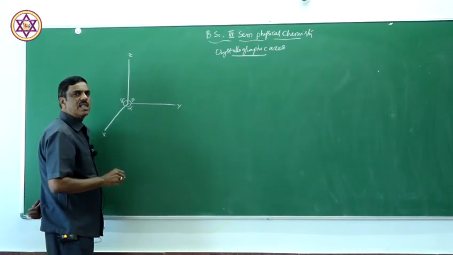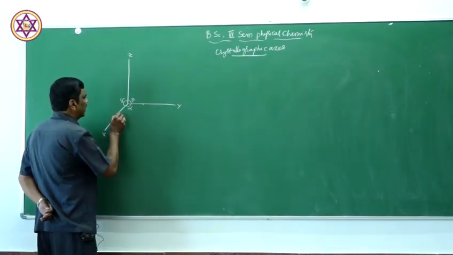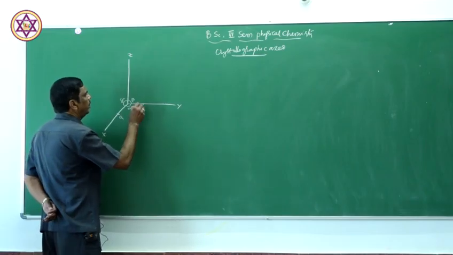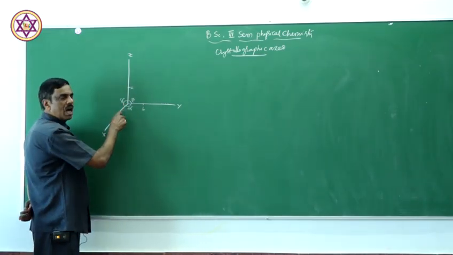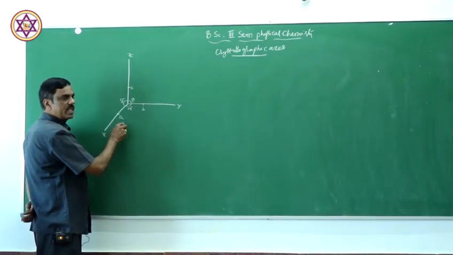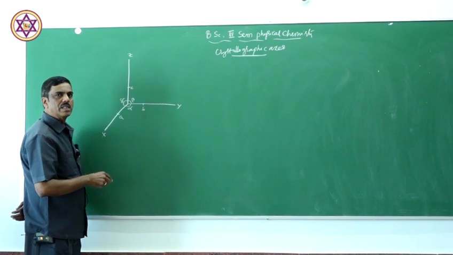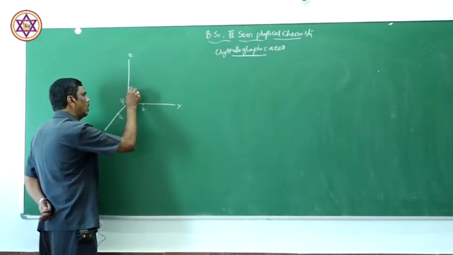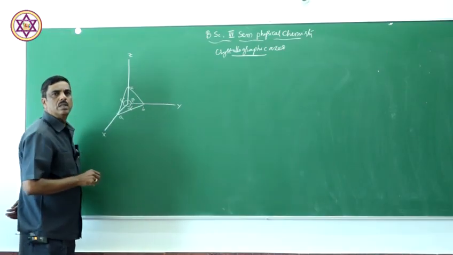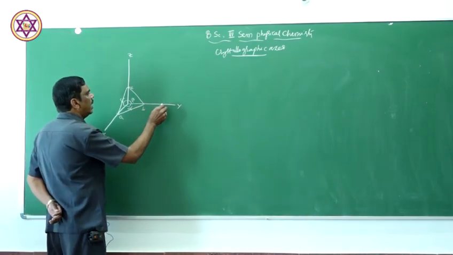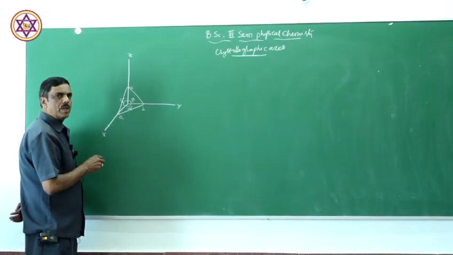Now, suppose the crystal edge length is the unit length, let us call these A, B and C, the unit edge of the crystal. In the x direction it is A, y direction B and z direction C. Now, consider another face which is away from the unit length.